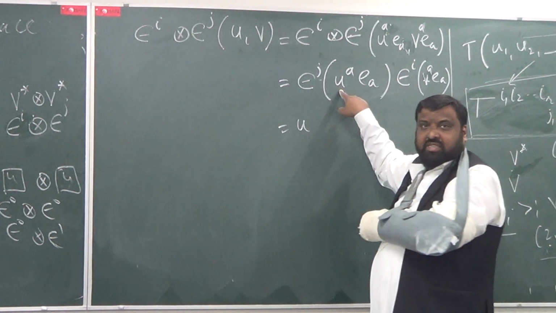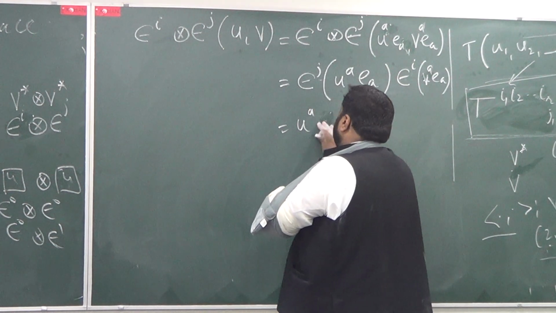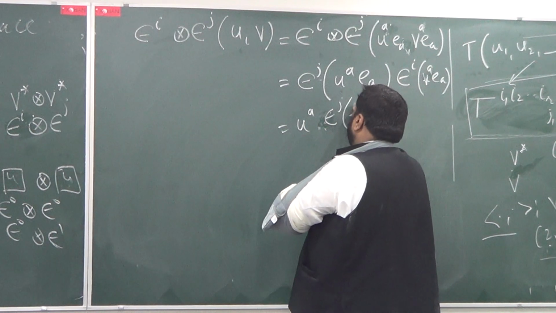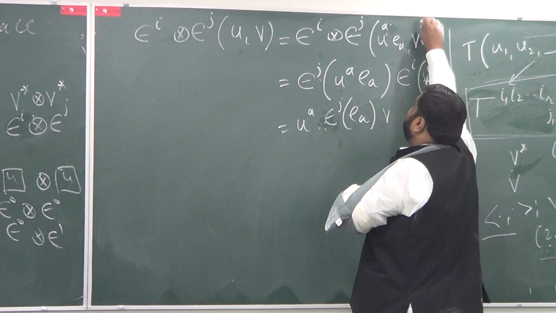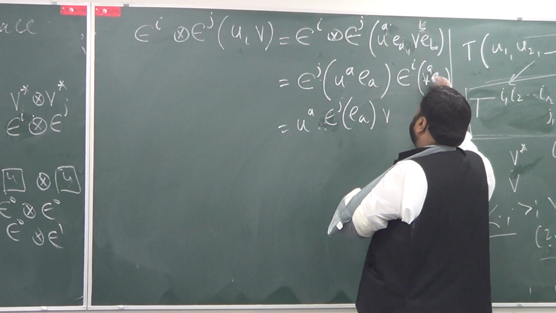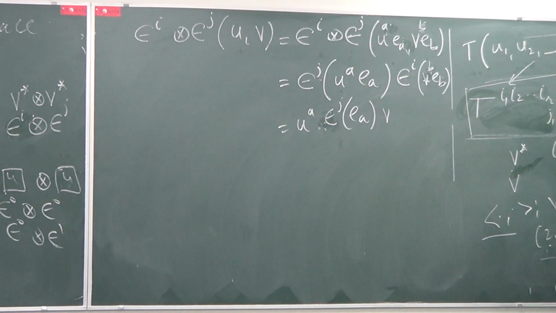These are numbers. Let's not repeat the index; in summation convention, it shouldn't be repeated more than twice.